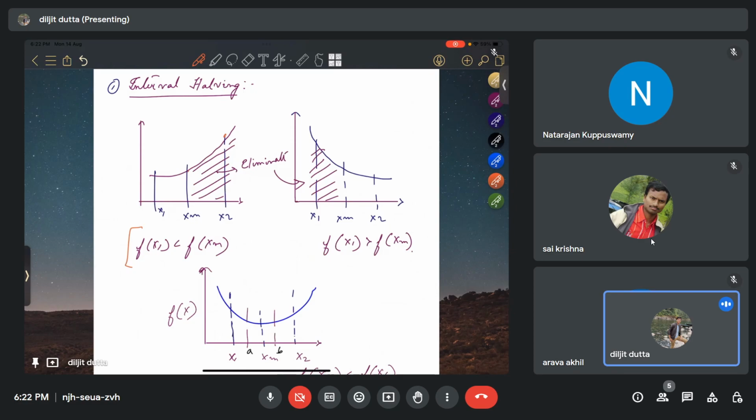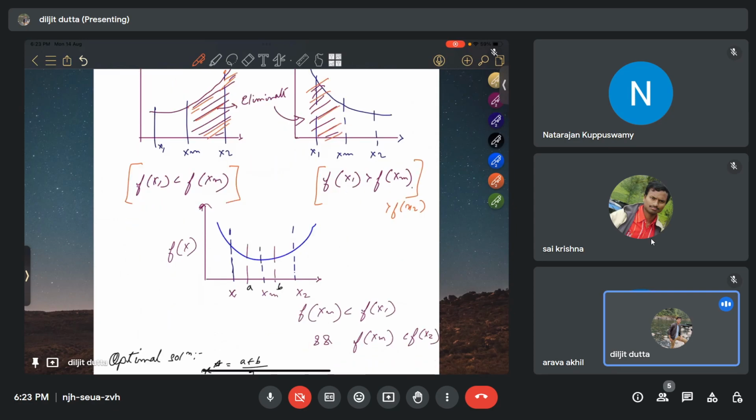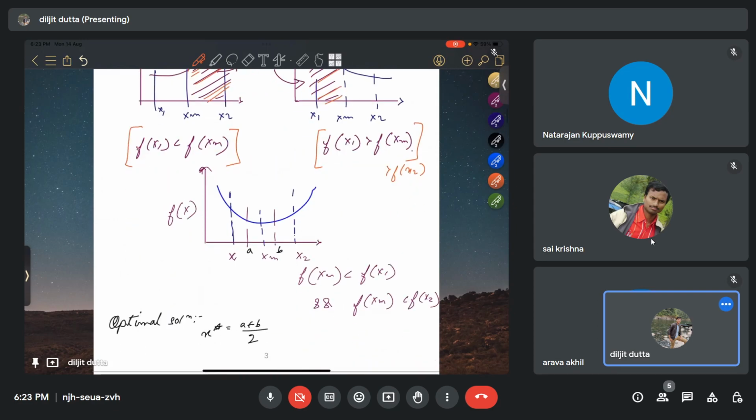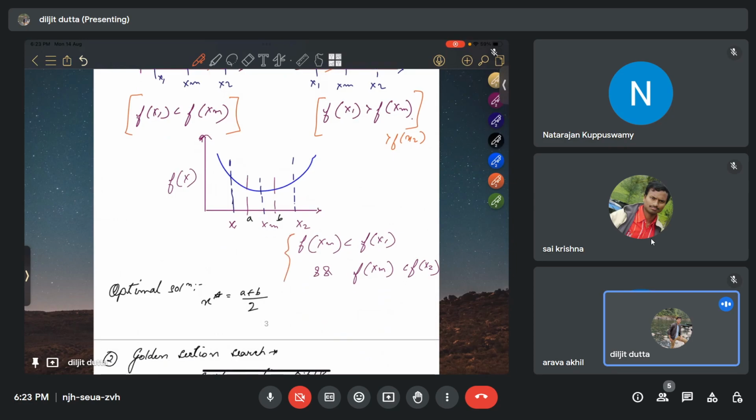Now if f of x1 is less than f of xm, then we can eliminate the region to the right of xm, and if f of x1 is greater than f of xm and greater than f of x2, then we can eliminate the other region. We keep on eliminating the regions one by one till we finally get the condition that f of xm is less than f of x1 and f of xm is less than f of x2.